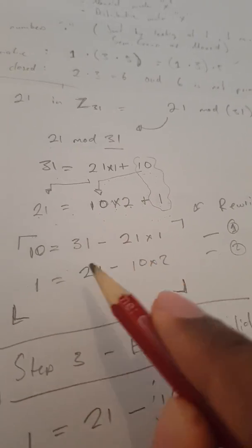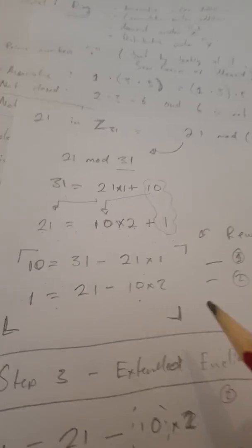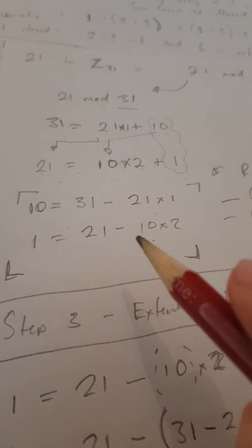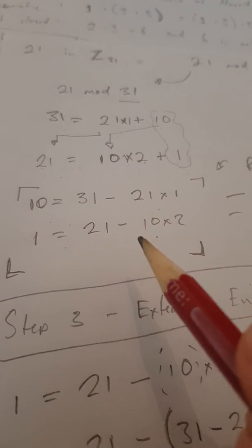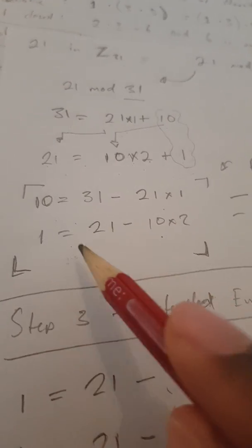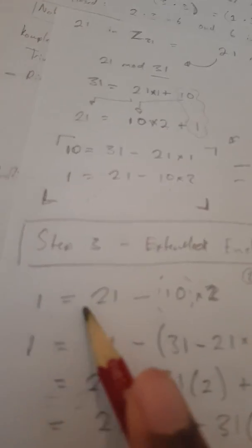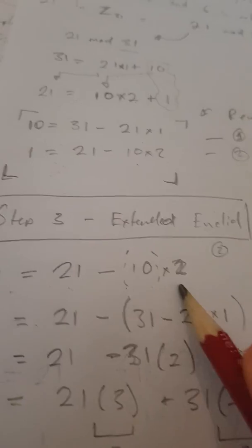So we write this down like this. And now this is the extended part: we take the lower equation, and that's what we write first. We write it first as 1 equals 21 minus 10 times 2.